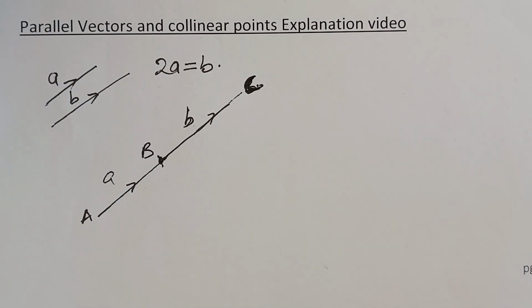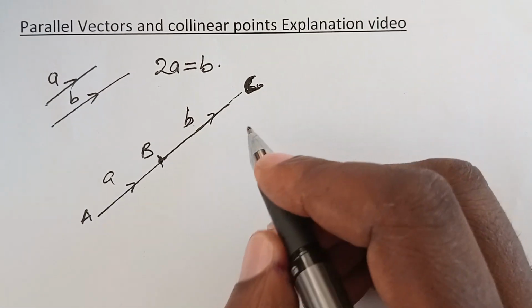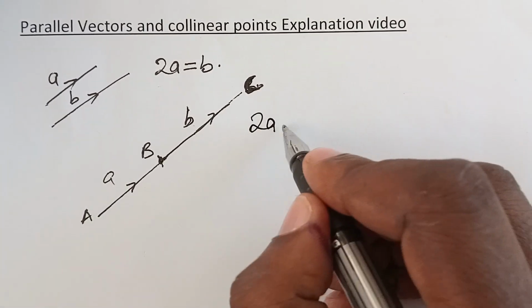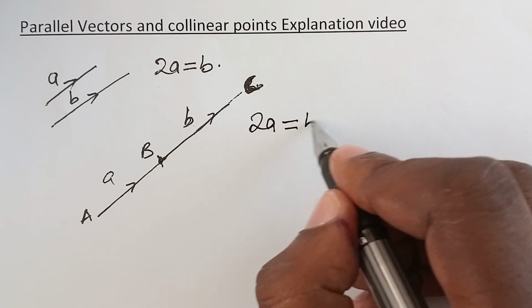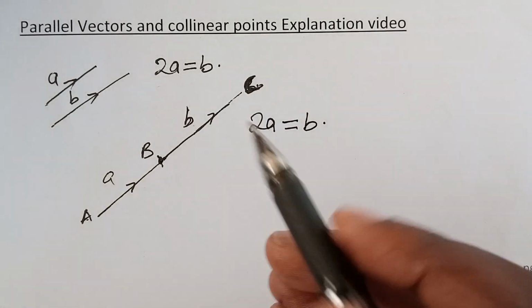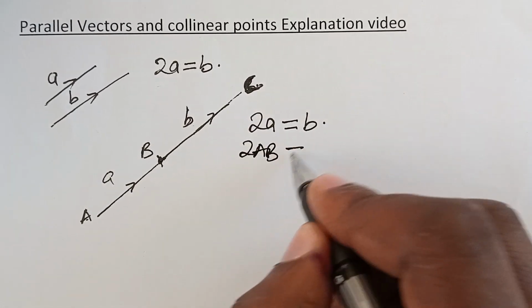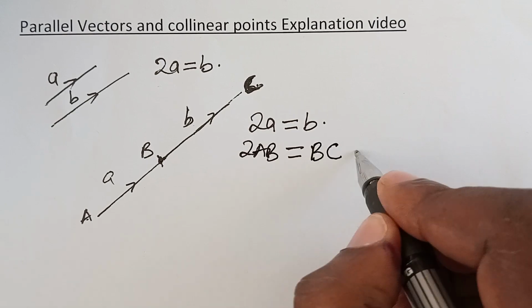It means therefore the vector 2A still continues to be equal to B, and at this time, if you want to use the terminal points, we are going to say 2AB is equal to BC.